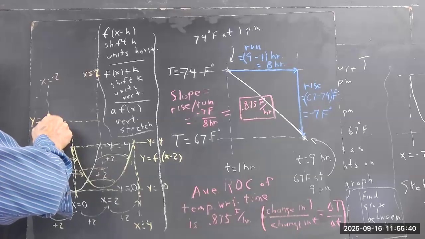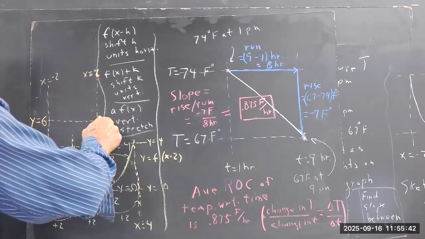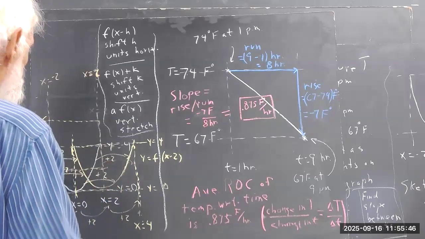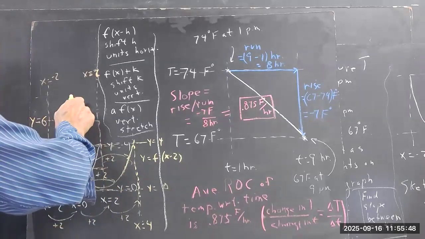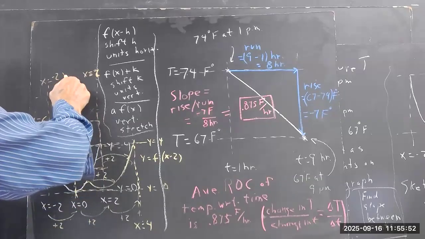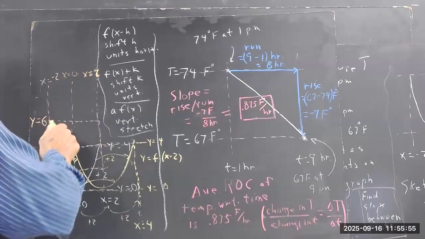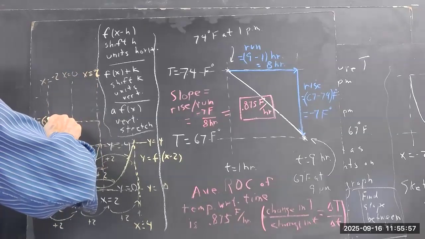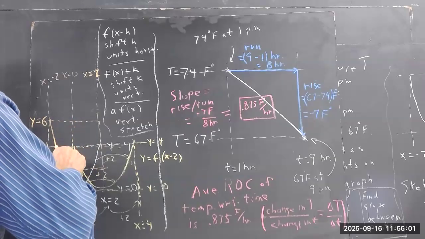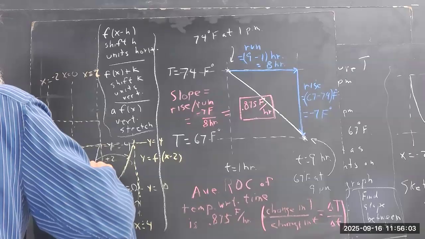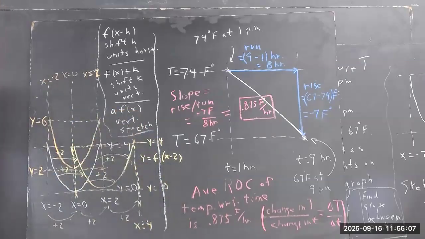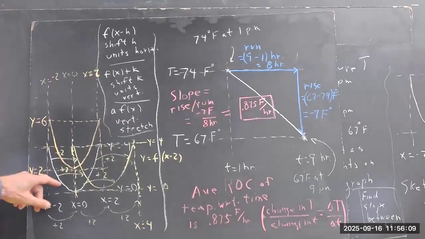And now we have a rectangle within which we put our x equals 0 here again, in which we can sketch another parabolic curve. So now we've got 3 of them.